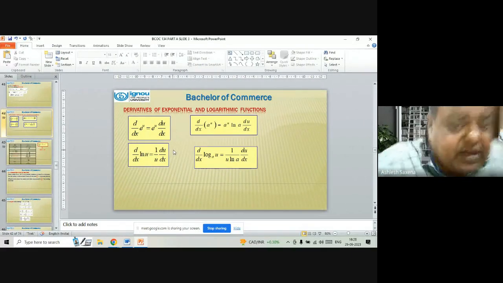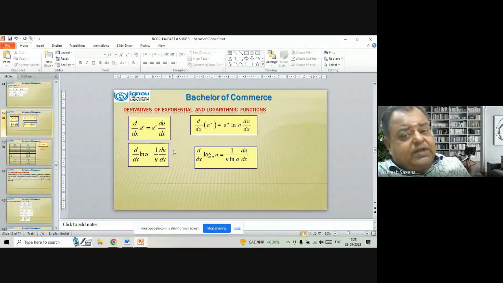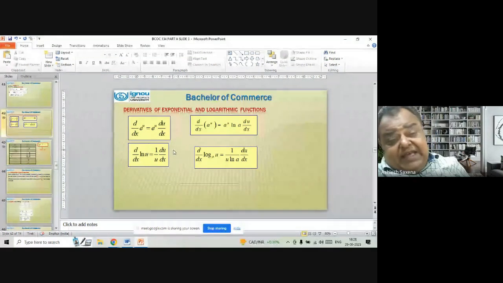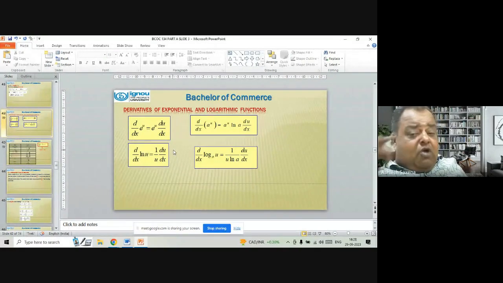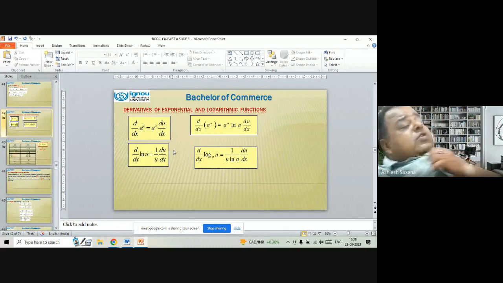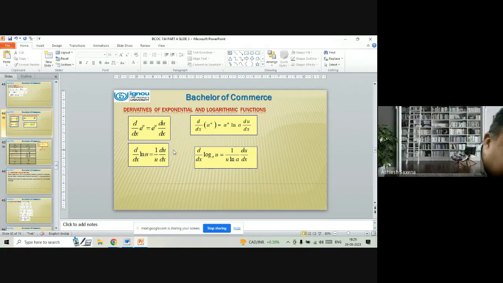Now you see the third one is d by dx of ln u. It is 1 by u into du by dx. Then comes d by dx of log base a of u. In that case, it will be 1 upon u log a into du by dx. These are all the four standard results by which exponential and logarithmic functions are solved.